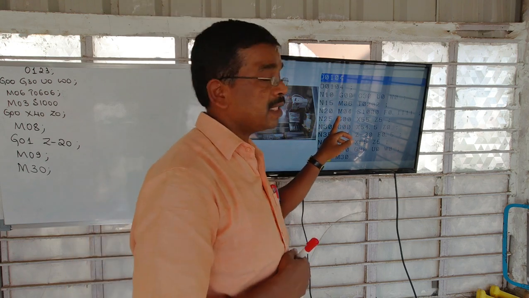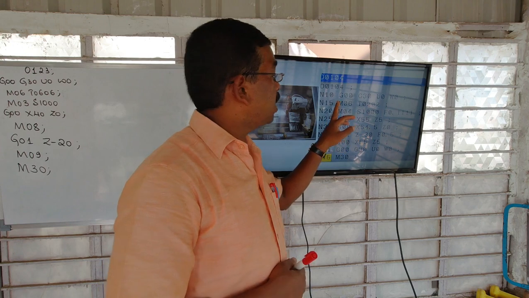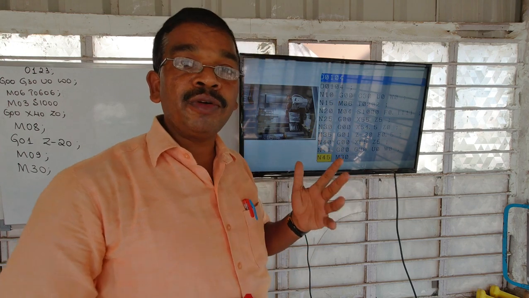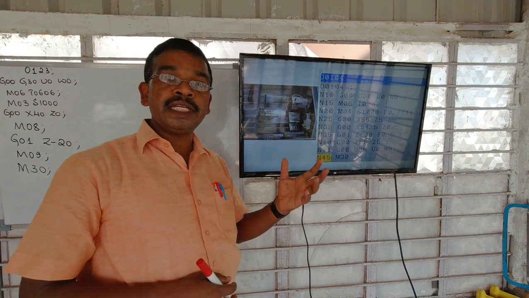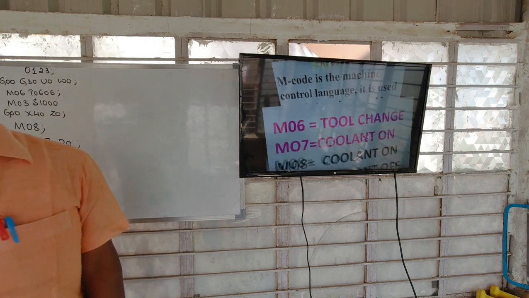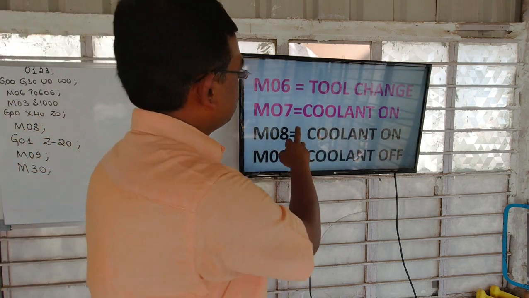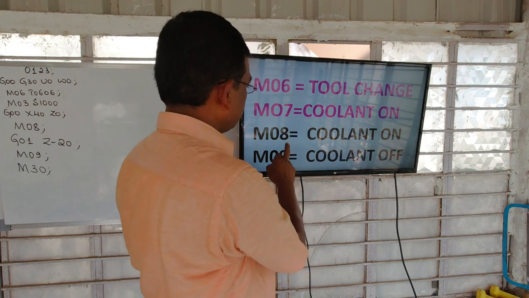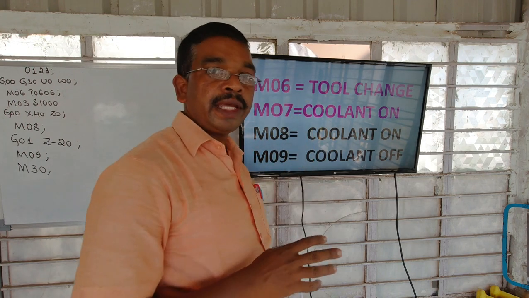Those codes are called M codes. So today I would like to explain to you about M codes, that is M06, M07, M08 and M09.